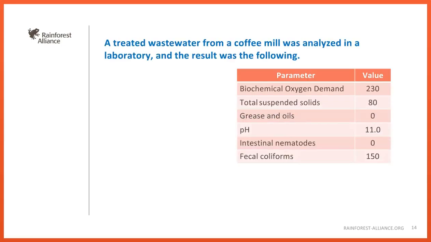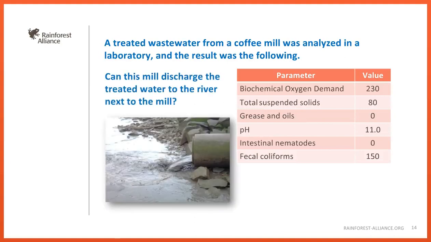Next quiz. Treated wastewater from a coffee mill was analyzed in a laboratory, and the result was the following. Can this mill discharge the treated water to the river next to the mill?